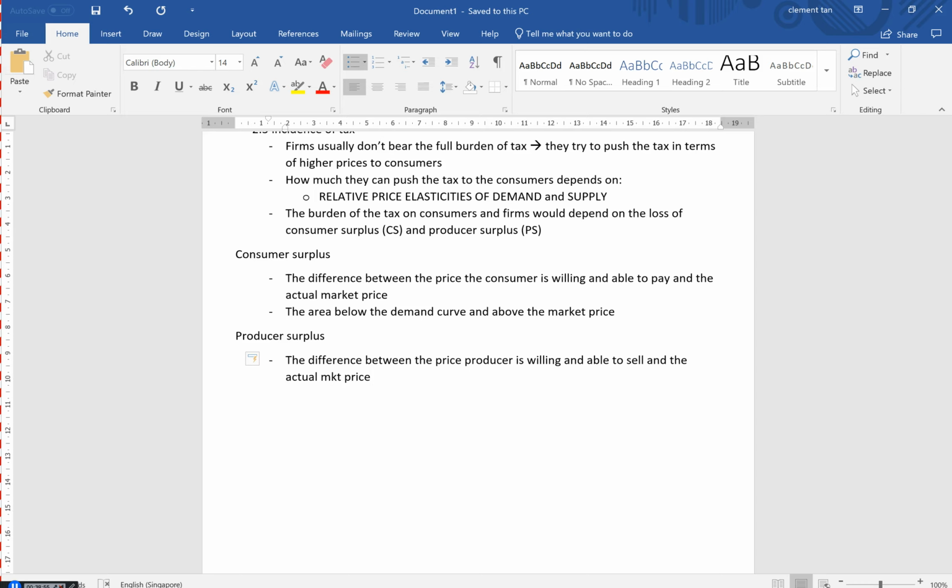So if he's willing to sell at $4 and able to sell at $4, the market price is $5, producer surplus is 5 minus 4, $1. So in the diagram, it is the area above the supply curve and below the market price.